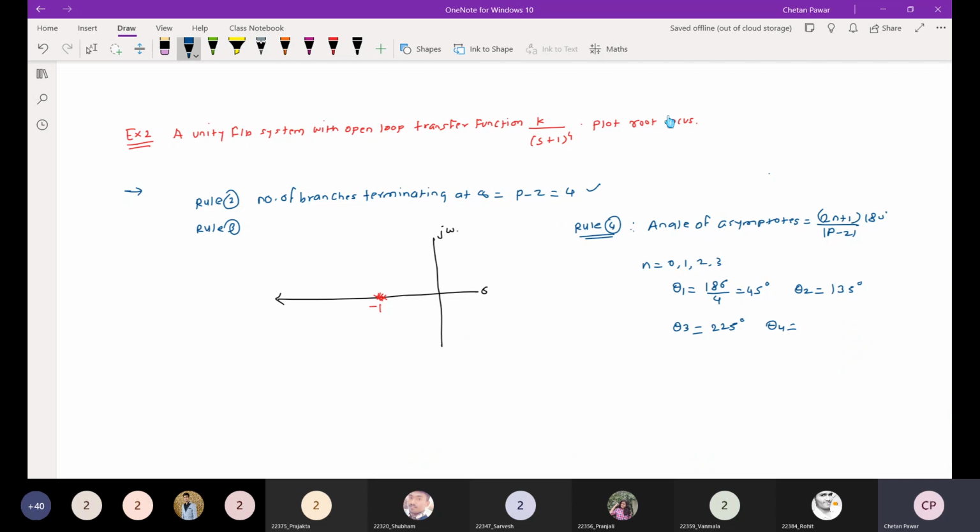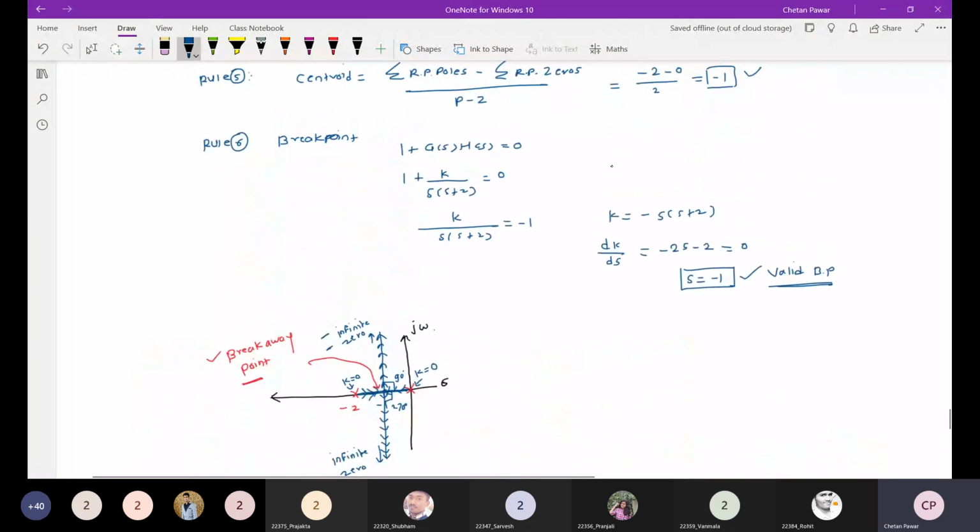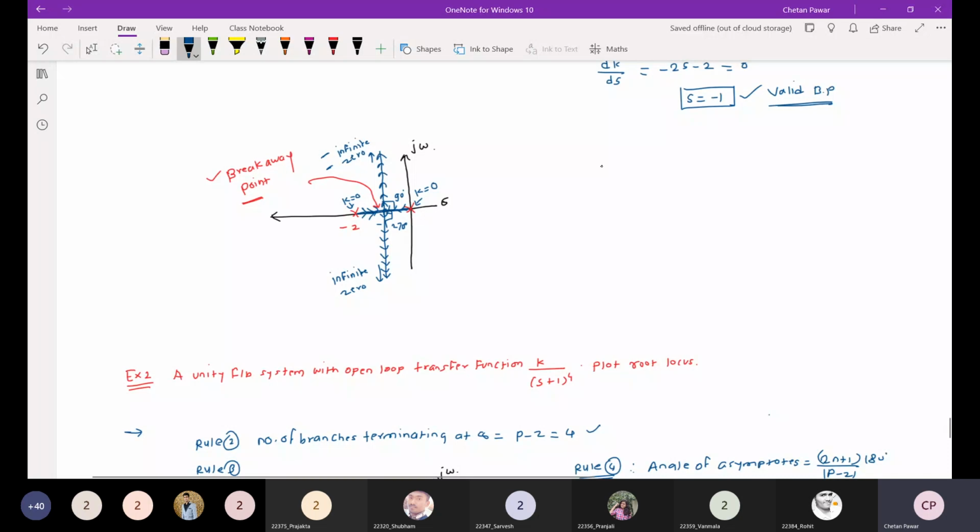And we need to see where these asymptotes meet. So here, as in the previous example, we find the centroid at -1. So here asymptotes are meeting at the -1 point.